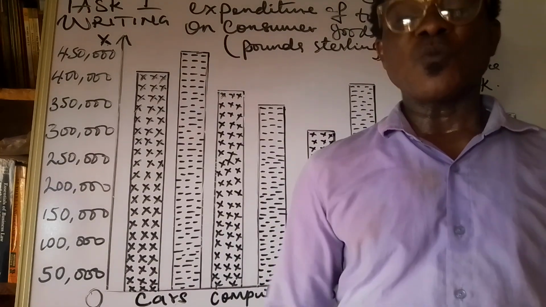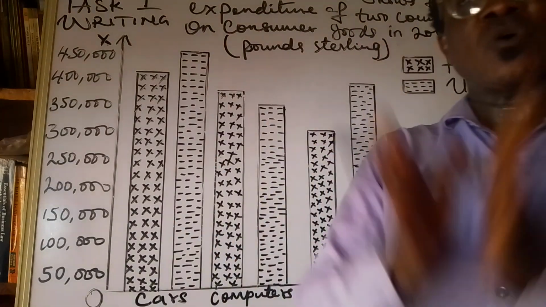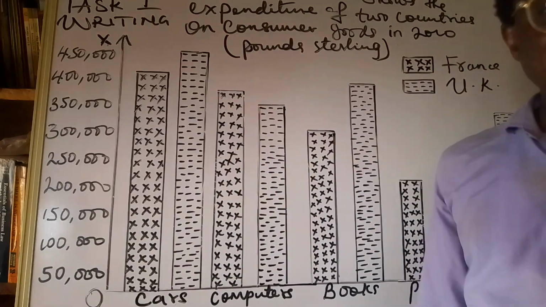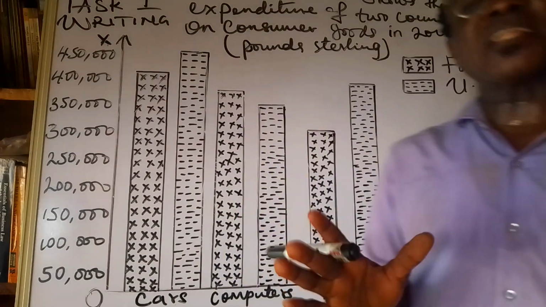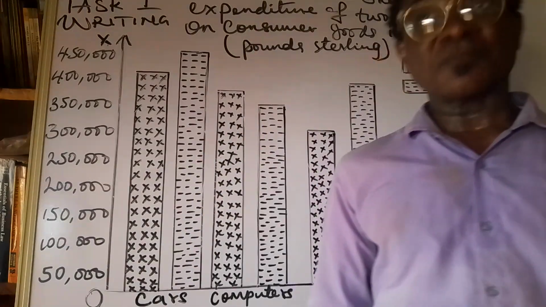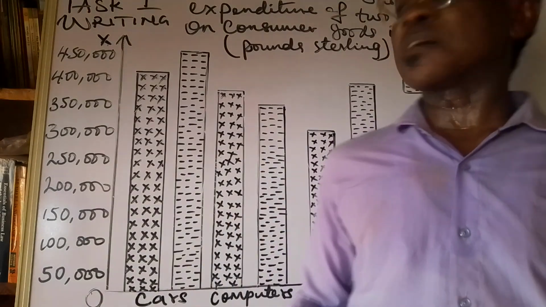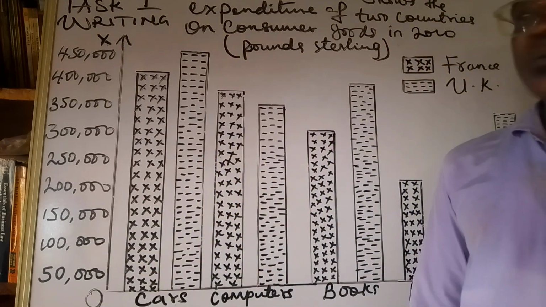Having said this, we are set to go into our analysis. Some of the bars are longer, some shorter, depending on the magnitude, depending on the degree of the values that they represent.